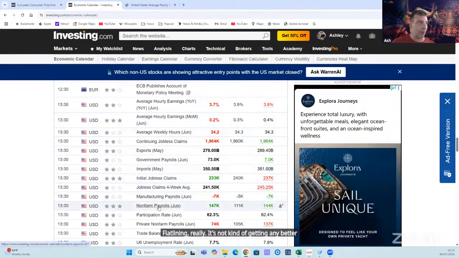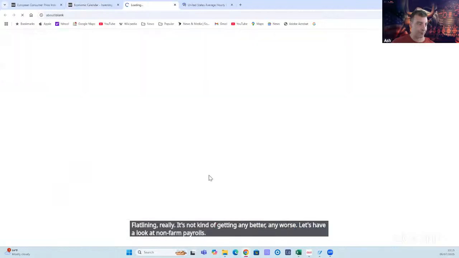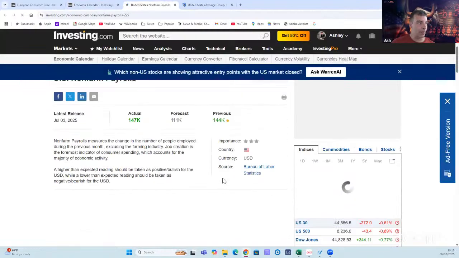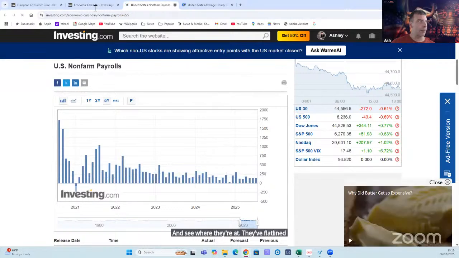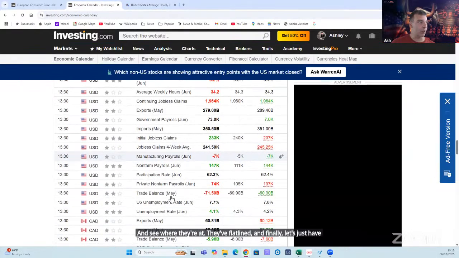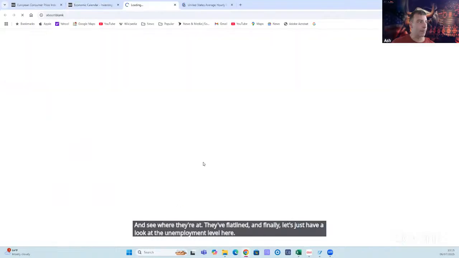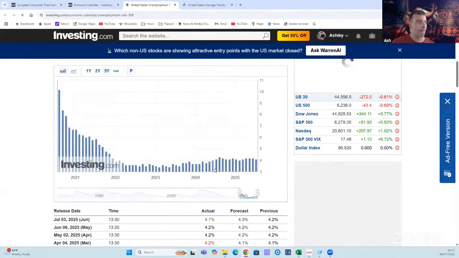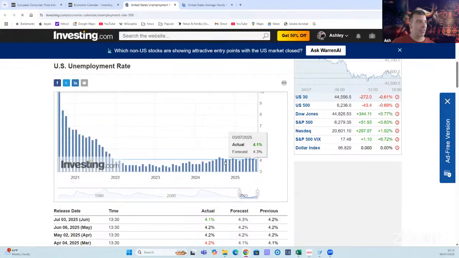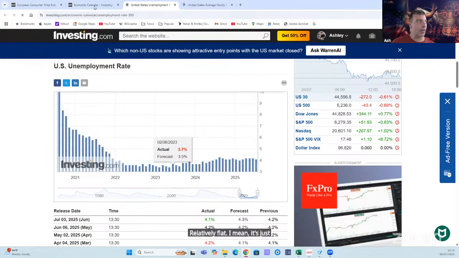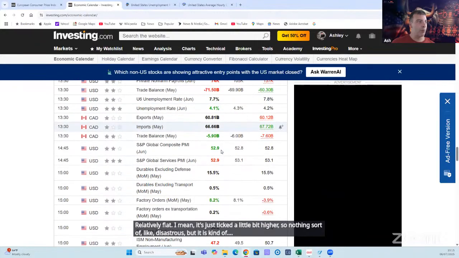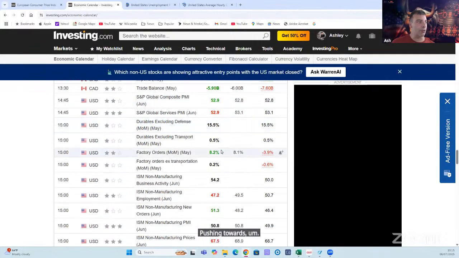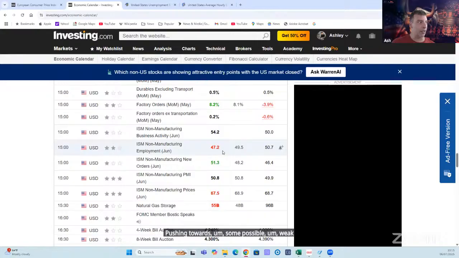Let's have a look at non-farm payrolls and see where they're at. They've flatlined. And finally, let's just have a look at the unemployment level here. Relatively flat. I mean, it's just ticked a little bit higher, so nothing disastrous, but it is pushing towards some possible weakness in the dollar.